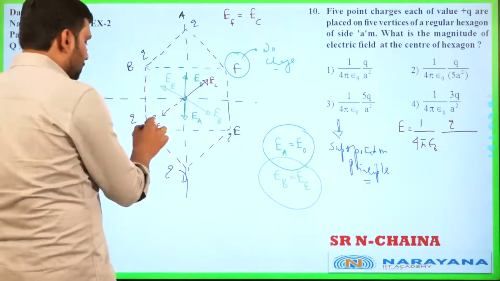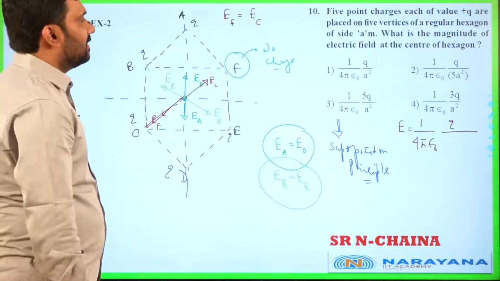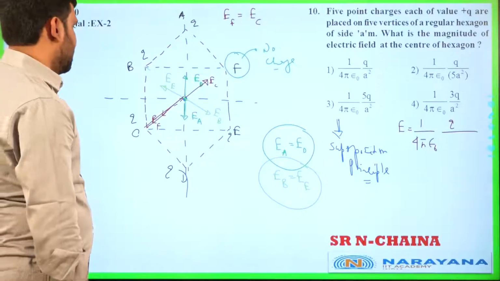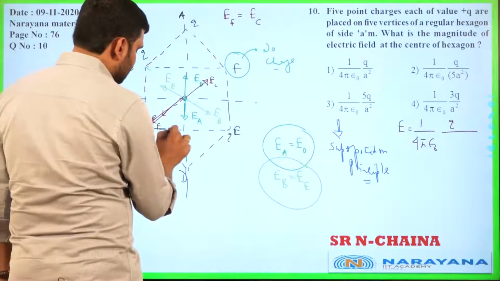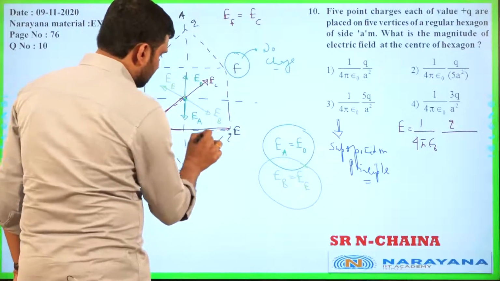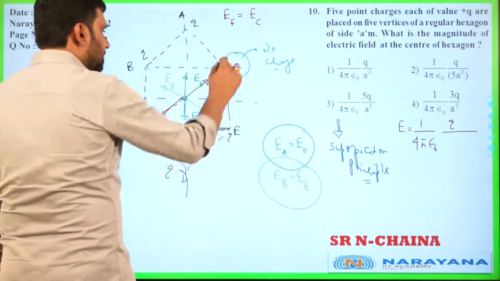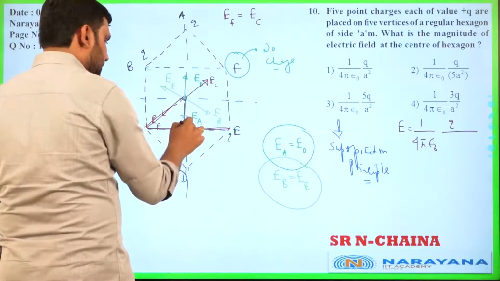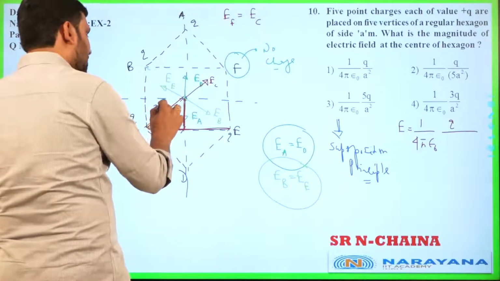now you have to just figure out this distance, right? They have said that the side is A. So side is A in the sense, see, we can easily get this value. This is A. So this is A by 2. So this R we will easily obtain.